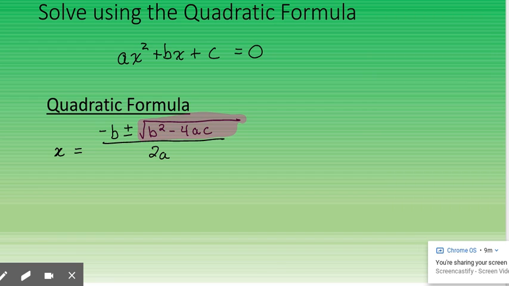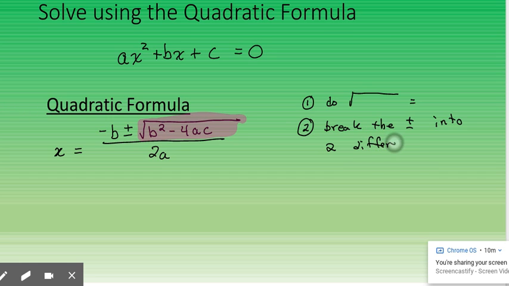Okay, what you're going to see in terms of how I take care of this is, one, I'm going to do the square root part, the discriminant. And I'm going to square root it and get an answer for it. Then I'm going to break the plus or minus sign into two different fractions.